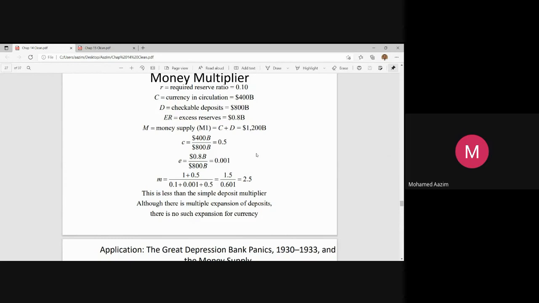Now you adjust this small c, small e, small r, and see what influence they have on the multiplier. As I said, if you increase the small c, the numerator also increases, and the denominator also increases.